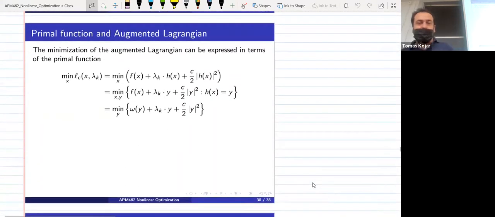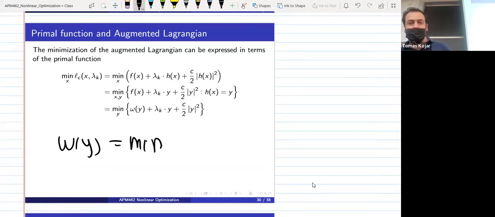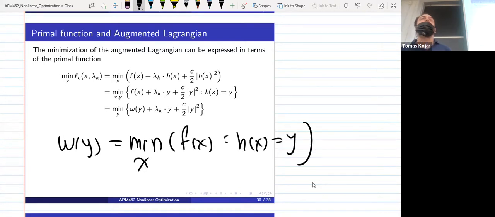Then you use the primal function, which, let me remind you, omega of y is equal to the minimum over x of f of x, given that h of x is y. Okay? So again, this is an unconstrained problem.